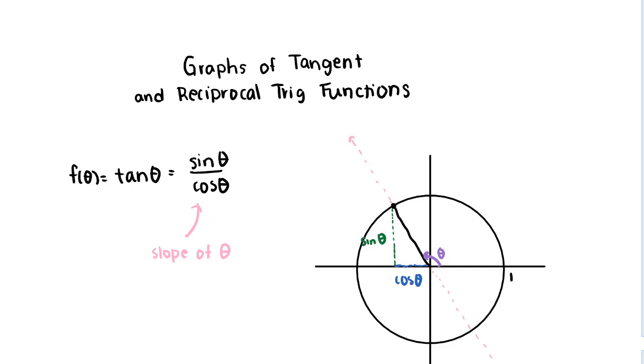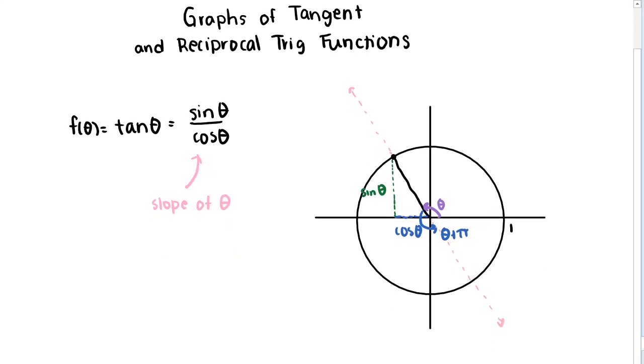Another thing to take away from this picture is that if we imagine going another pi radians around this unit circle, so here this angle is theta plus pi, that angle is going to have the same slope. It's going to correspond to the same line. So one thing to notice, and I'll write it down, is that tangent of theta is equal to tangent of theta plus pi.